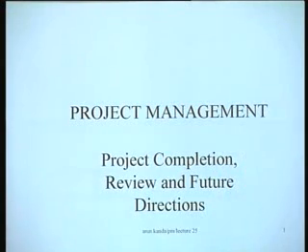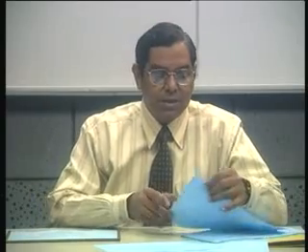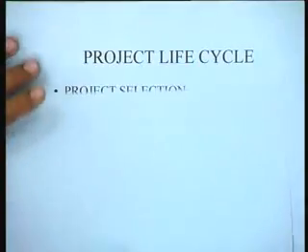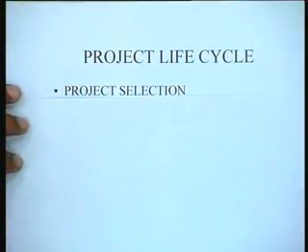Now let us try to briefly recapitulate the various stages in the life cycle of a project and see what kinds of decisions and what kinds of problems manifest themselves in the various stages. So if we look at the project life cycle, we notice that the first important stage was one of project selection.